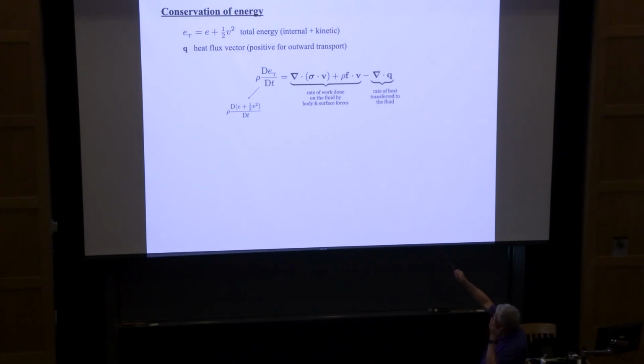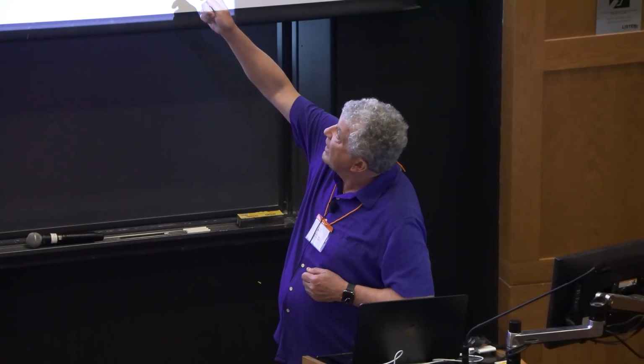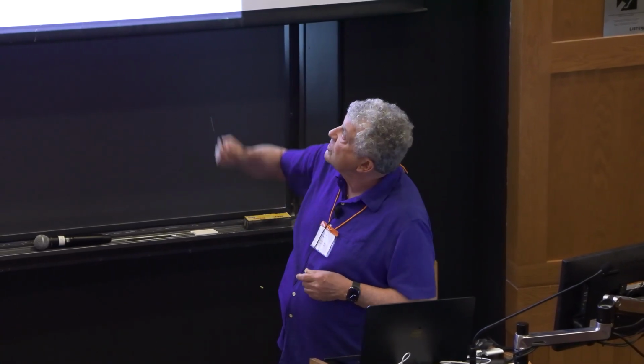So the first term is due to the surface forces, the second term due to the body forces, indicated F being the body force per unit mass, and the rate of heat transfer to the fluid, where Q is the heat flux vector, so it's the divergence of the heat flux.